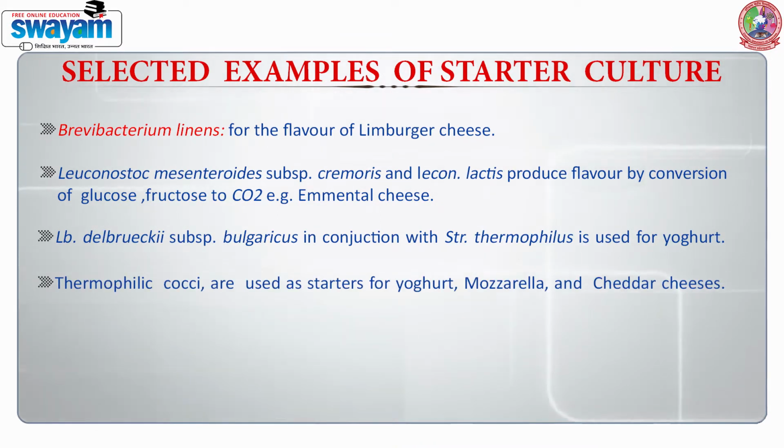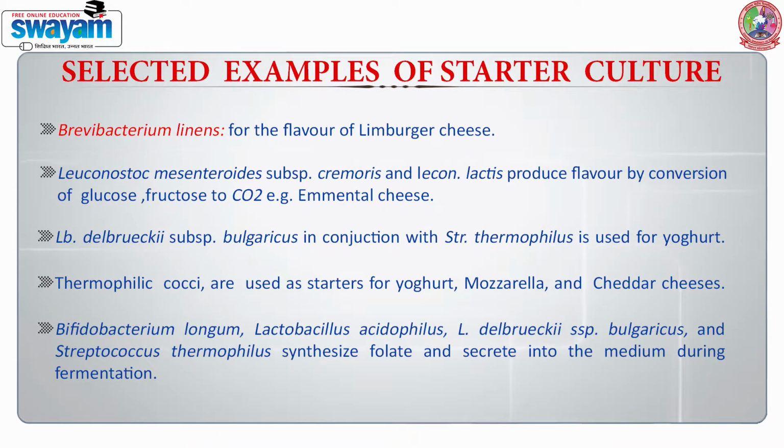Thermophilic cocci are also used as starter for yogurt, mozzarella and cheddar cheese. Bifidobacterium longum, Lactobacillus acidophilus, Lactobacillus delbrueckii and Streptococcus thermophilus synthesize folate and secrete it into the medium during the fermentation process.